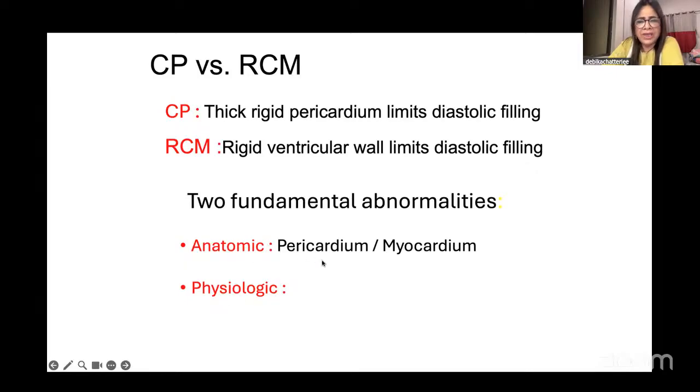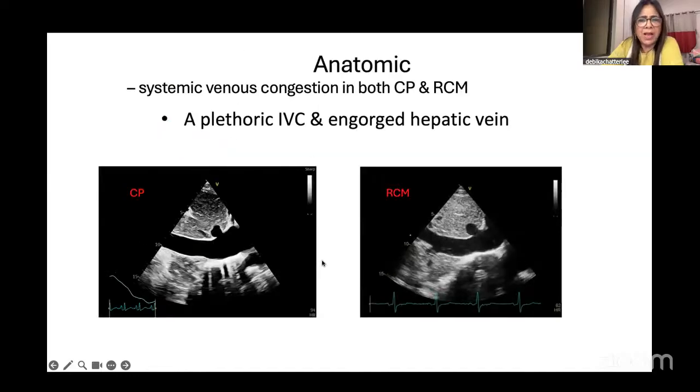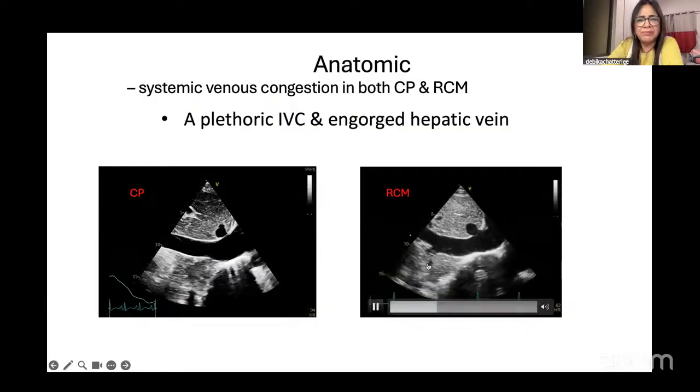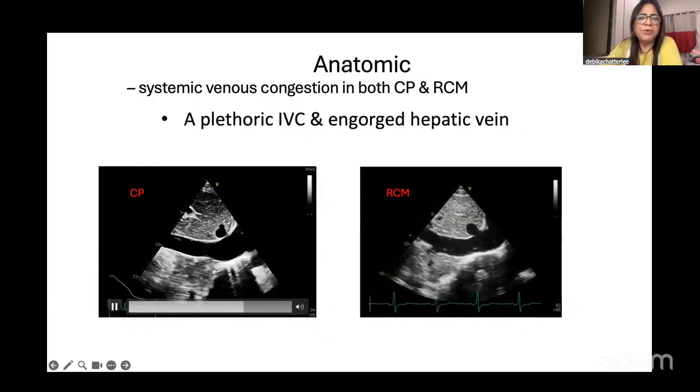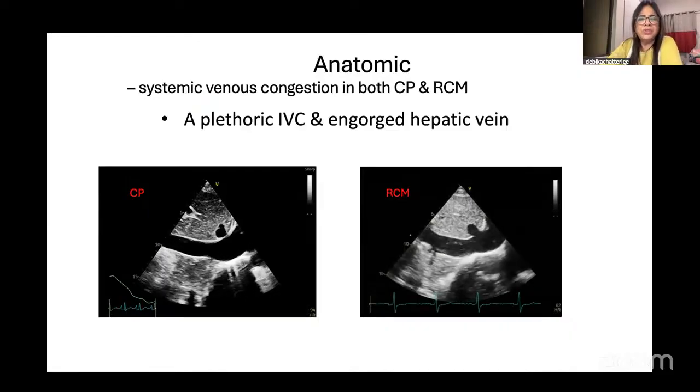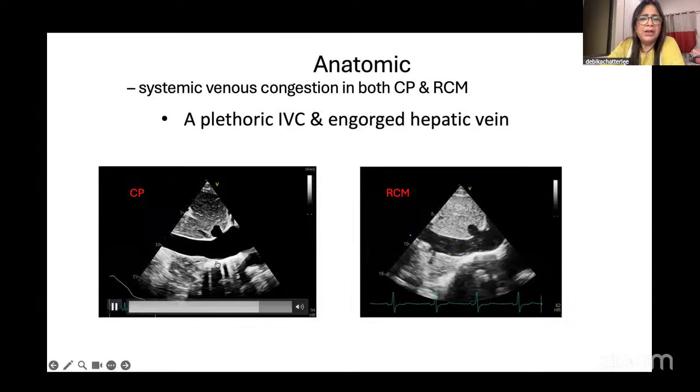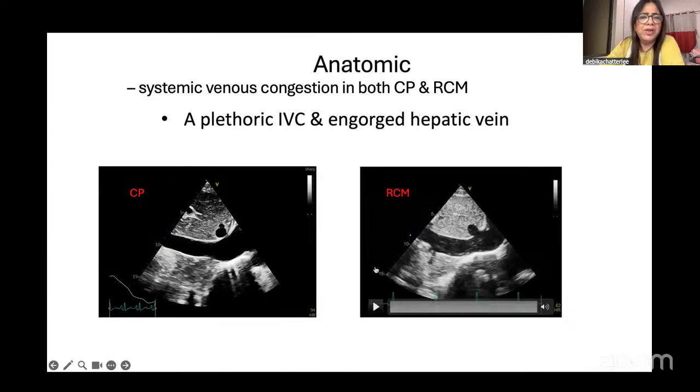And of course, in both constrictive and restrictive, you will get a similar type of IVC, which is plethoric, and engorged hepatic vein, and there is no respiratory variation. You don't know which one is CP and which one is RCM.